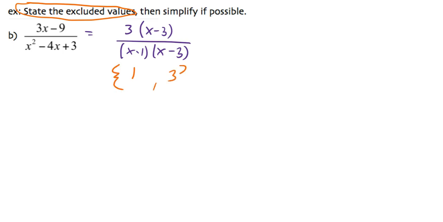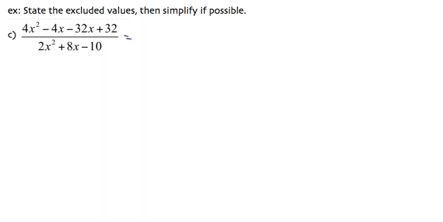These are the numbers that I exclude from my domain. I say x could be anything except I'm excluding 1 and 3. x cannot be those. If I plug them in, I'm going to get something divided by 0. Once I have that, I can move on to simplifying. Simplifying comes from canceling common factors and just writing down what is left.